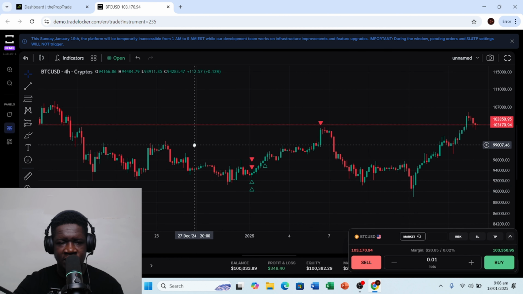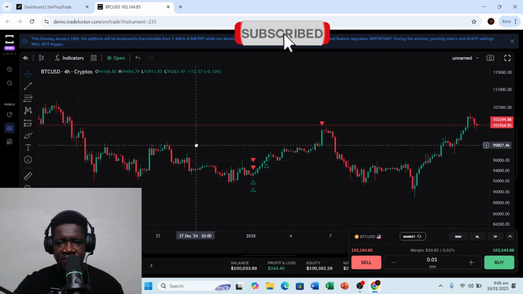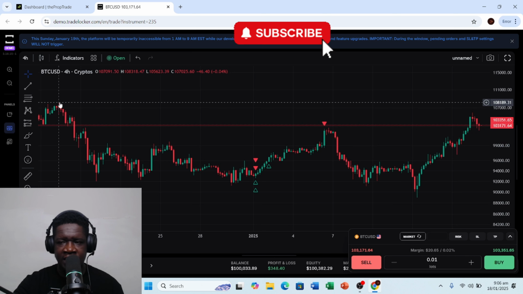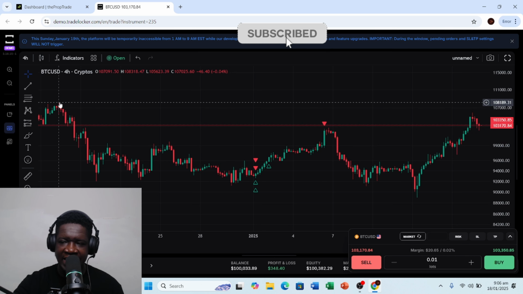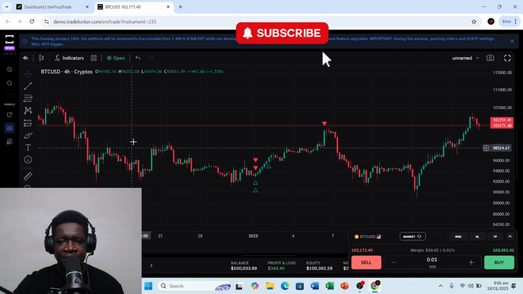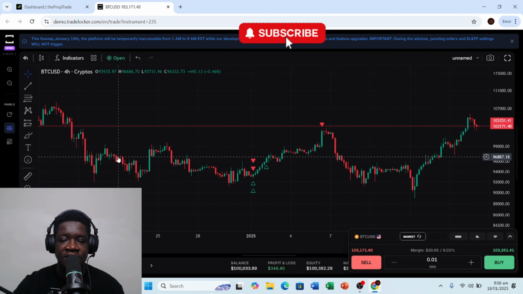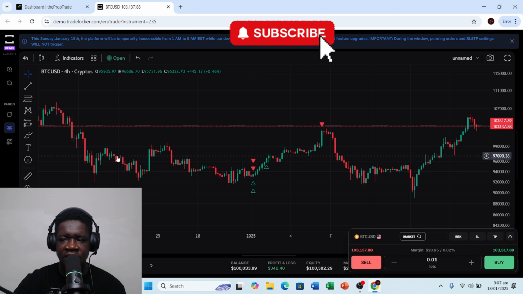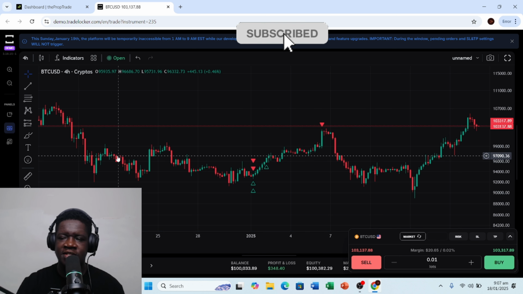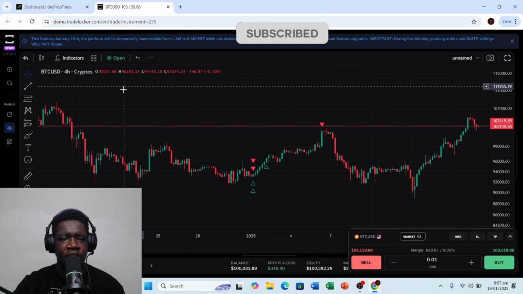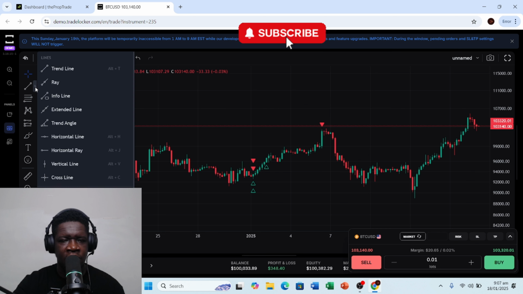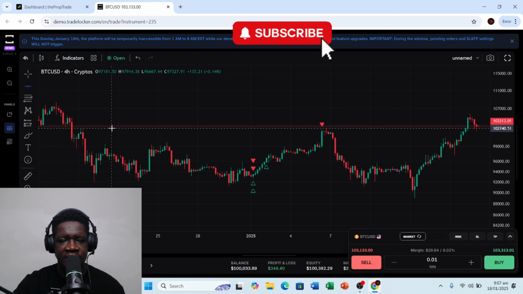If we have a close look at it, we realize that this is the all-time high, around $108,000 thereabouts. So I have identified the resistance that is preventing the price from moving up more. I look out for a horizontal line to draw my resistance. So I click here, select horizontal line, and place it here.